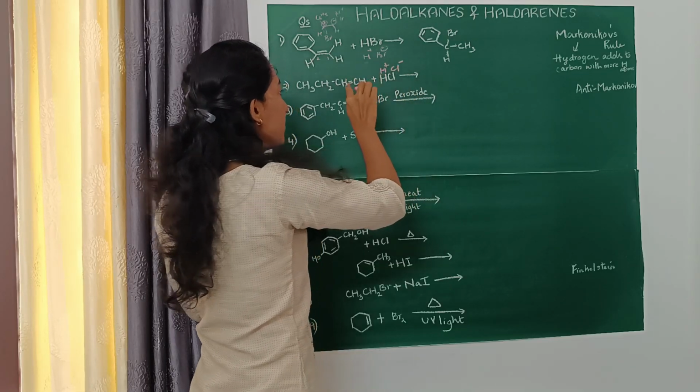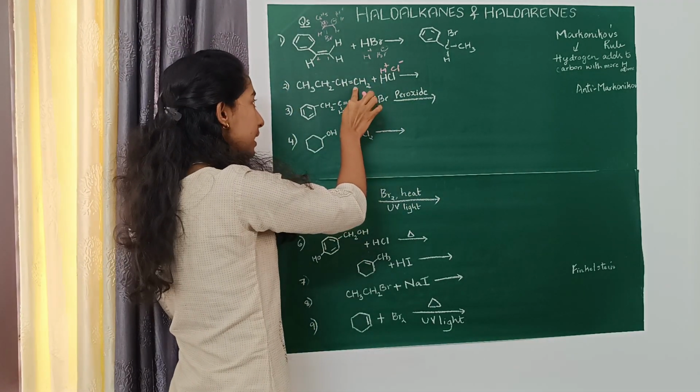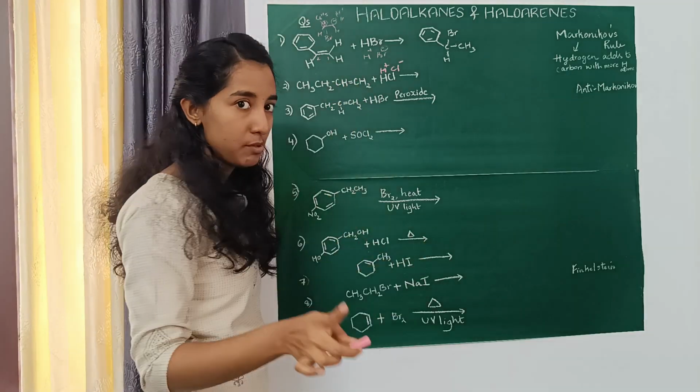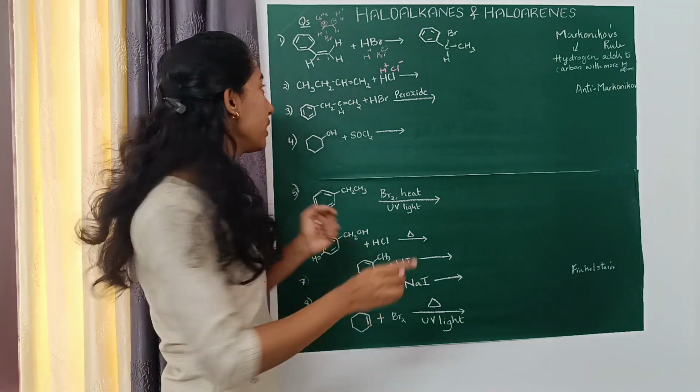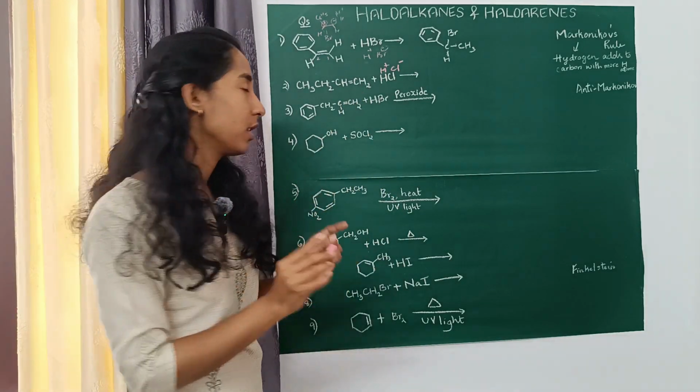Here you can break it in such a way that this carbon gets a positive charge or that carbon gets a positive charge. I told you, you have to look at carbocation stability, so when you break the bond, make sure of that.